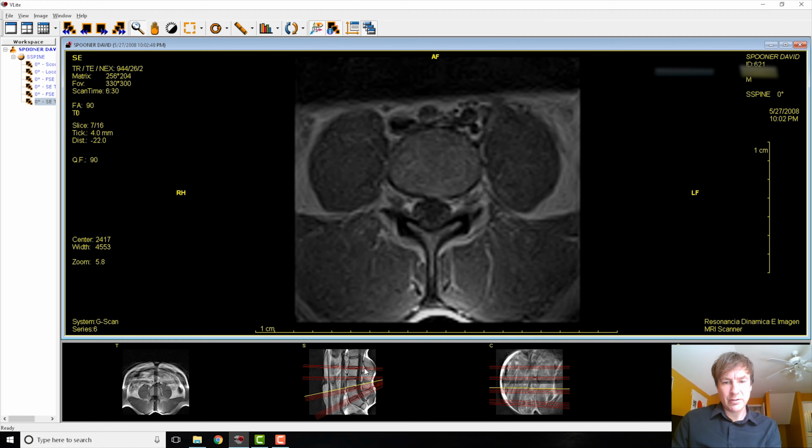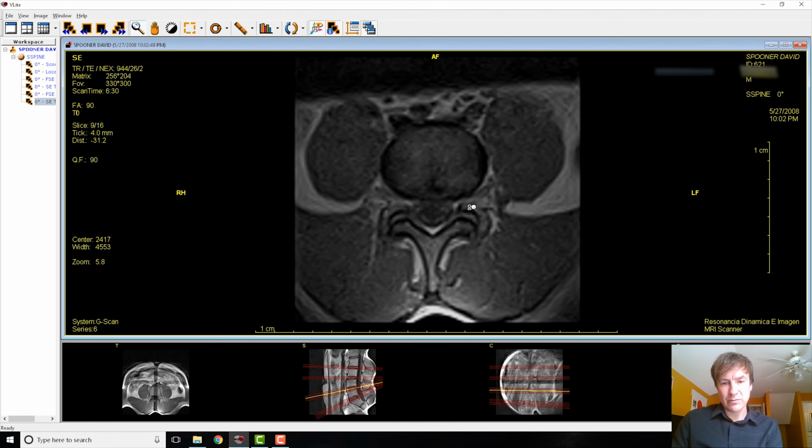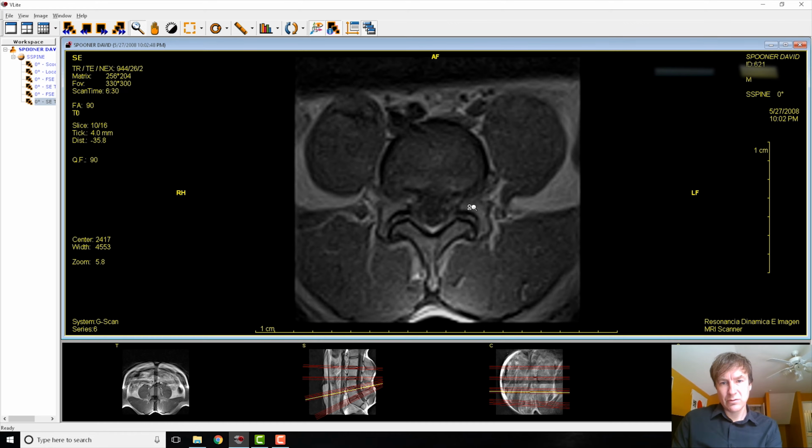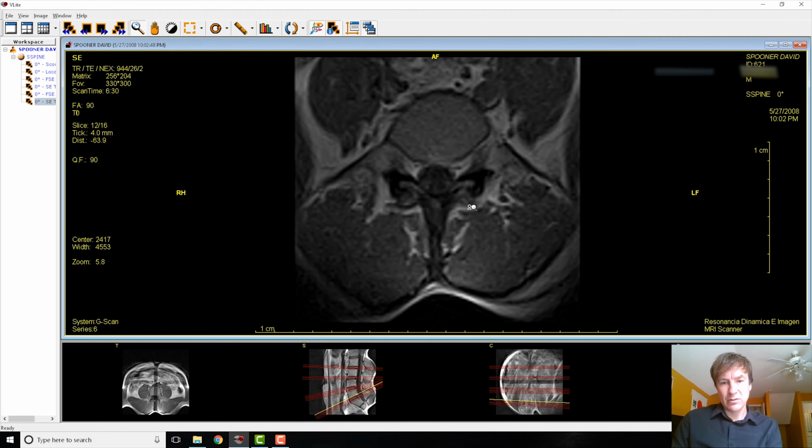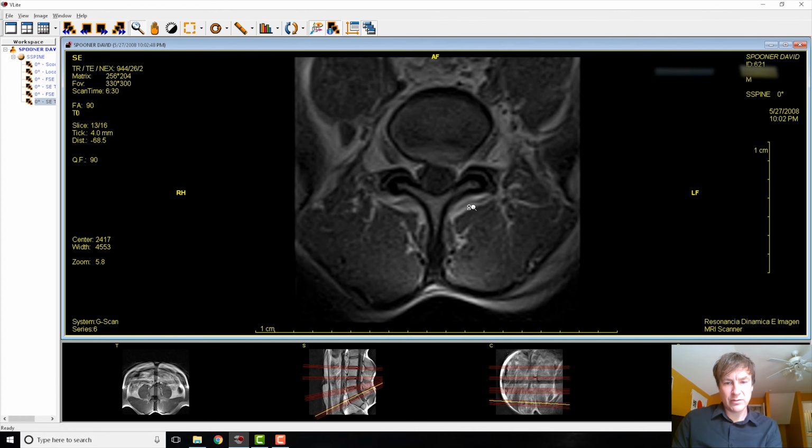So if you look down here, you can see the position of where we're at on this axial view. So this is the L4, L5 disc right now. And then here's L5S1.